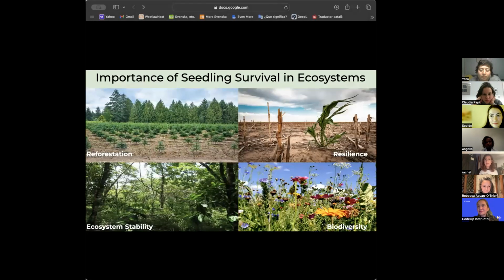So why do we care about seedlings? Well, seedlings grow into plants, which are important for the world, both ecologically and economically. Most importantly, they increase biodiversity by offering habitats, food and shelter for different organisms.